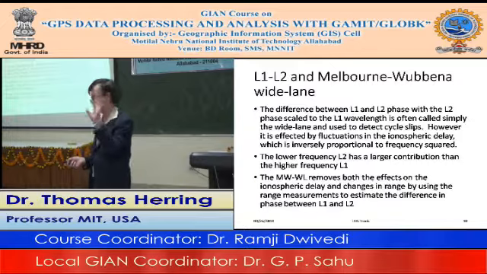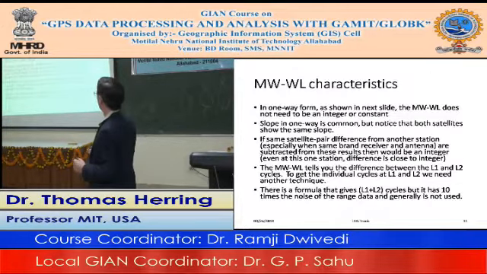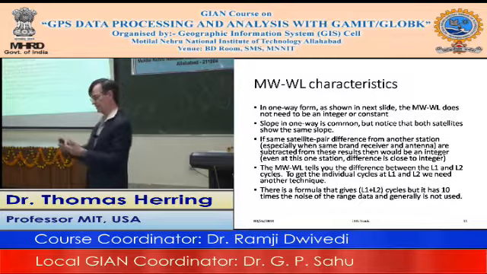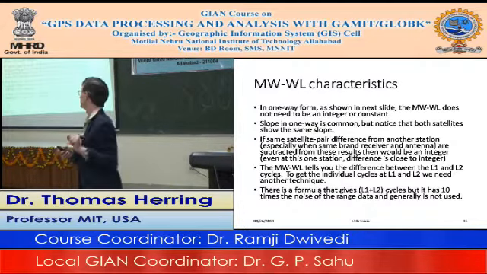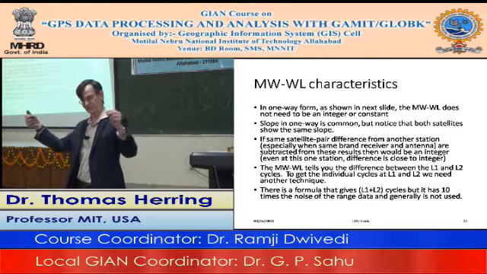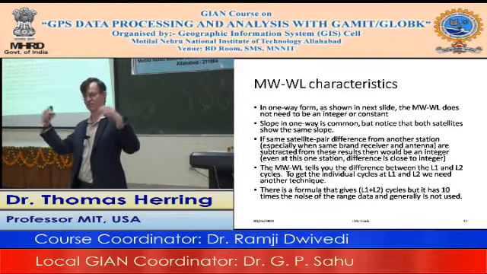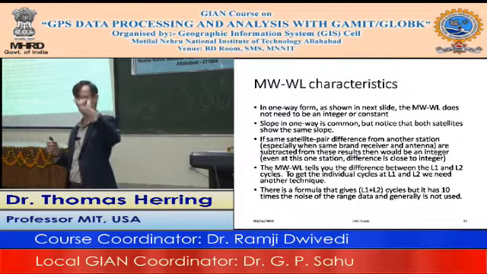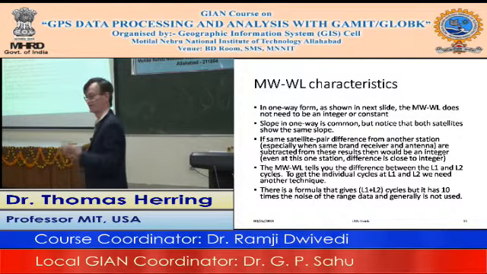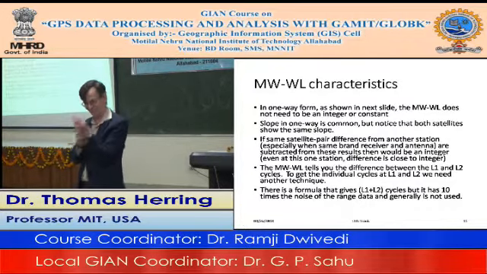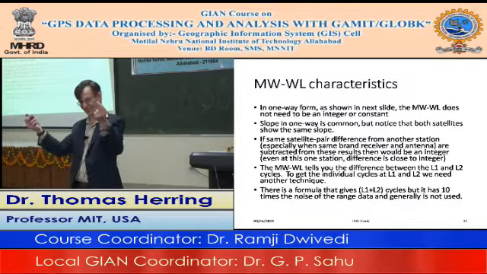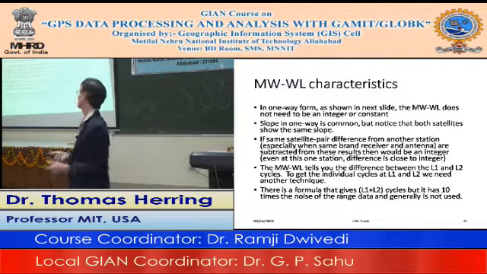We didn't actually look at this with real data, but in principle, because of the way the system biases are in a one-way measurement, just a single station to a single satellite, this Melbourne-Wübbena wide lane should be constant, but it doesn't necessarily have to equal an integer because there's an unknown initial phase that starts up in the local oscillators. That's common for a ground station looking at two different satellites. The value for the ground station is common, and for two stations looking at two satellites, it should all be differenced out if everything is okay.